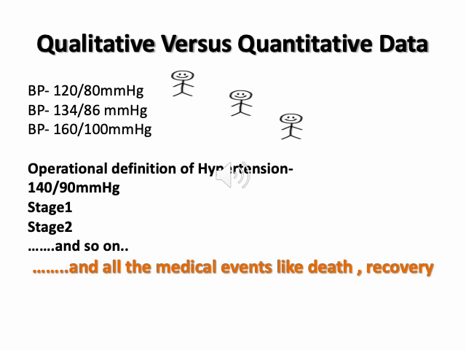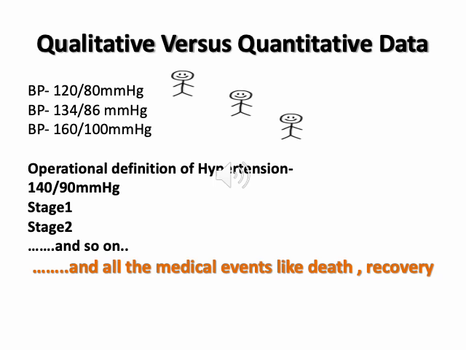Okay, just moving to the type of variable, it is important to understand that data can be inferred from two perspectives, a qualitative perspective and a quantitative perspective. So here we can see three persons. Person 1 is having a blood pressure of 120 by 80 mm of Hg.